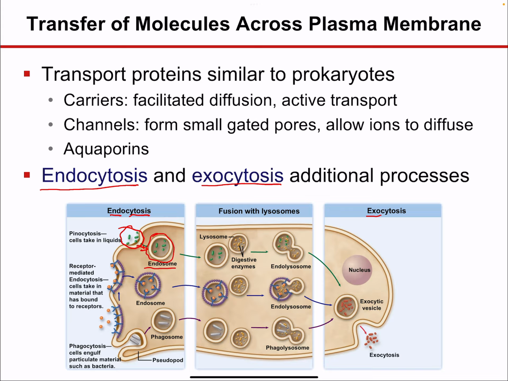Whenever we have some bacteria, actually, it's not here, I'm sorry, it's down here. Whenever we have some bacteria, the cell is going to engulf these bacteria or viruses and bring them into a structure that we call a phagosome.